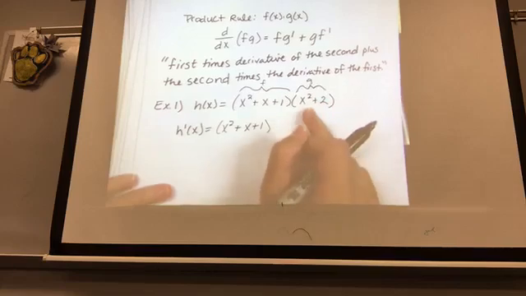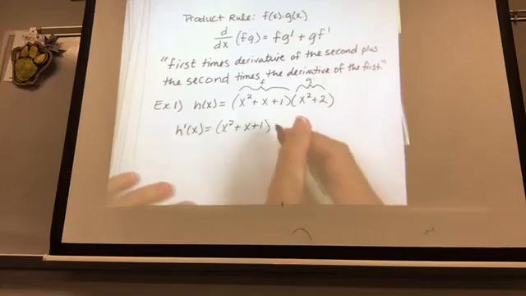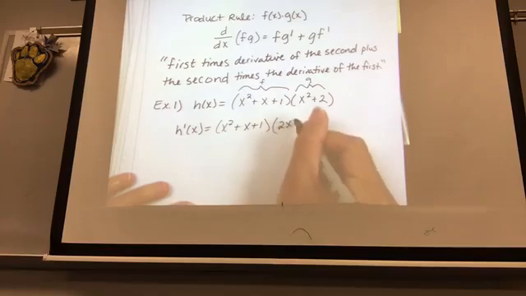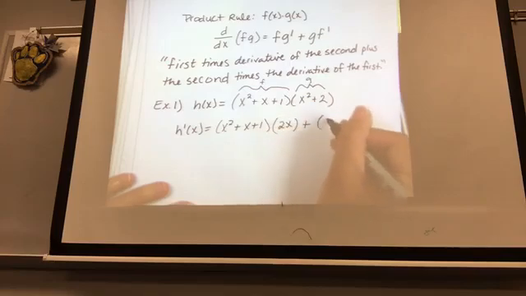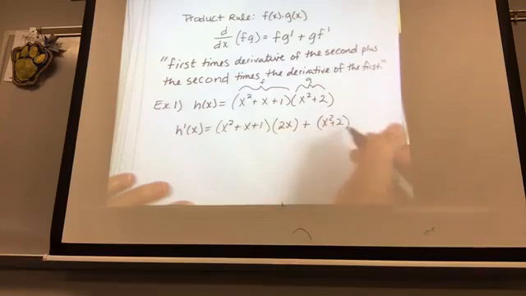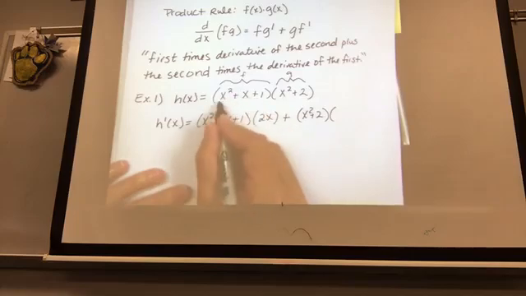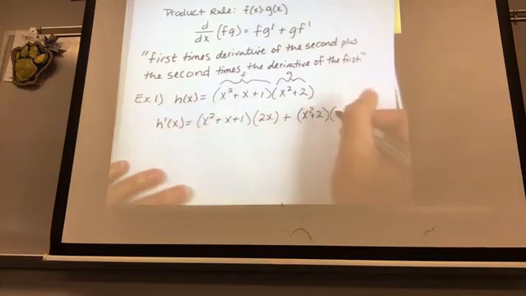So what's the derivative of g? 2x. Just 2x. Plus the second, so x squared plus 2, times the derivative of the first. So the derivative of f would be 2x plus 1.